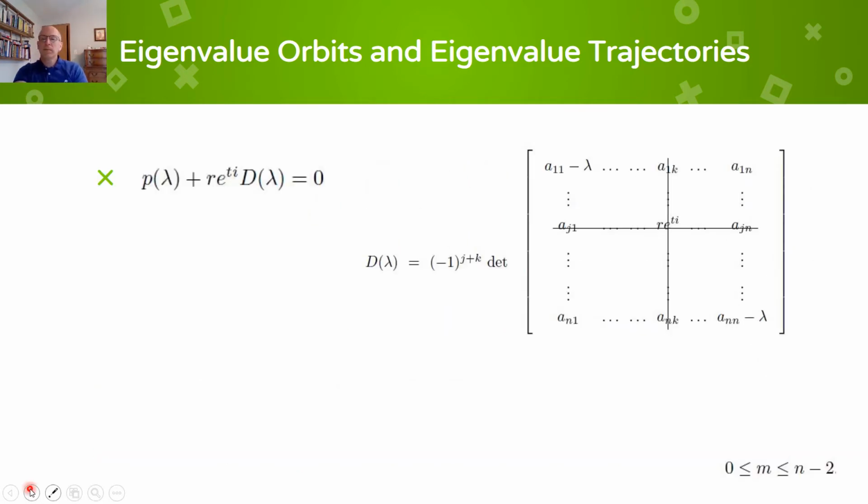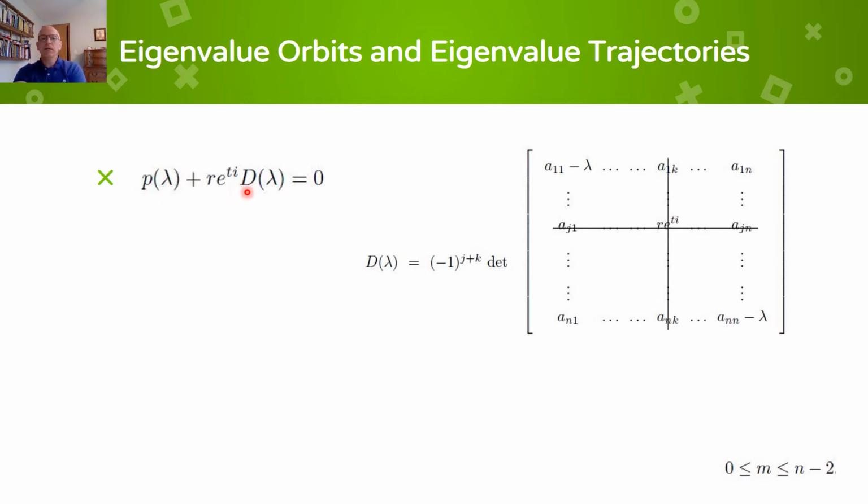So I would like to come up with an equation for these things. This is the characteristic equation, which is computed by expanding along either the row or the column containing the variable entry. When you do that, you get a p of lambda term plus another polynomial I'll call d of lambda, which is times the variable. P of lambda is going to be degree n.